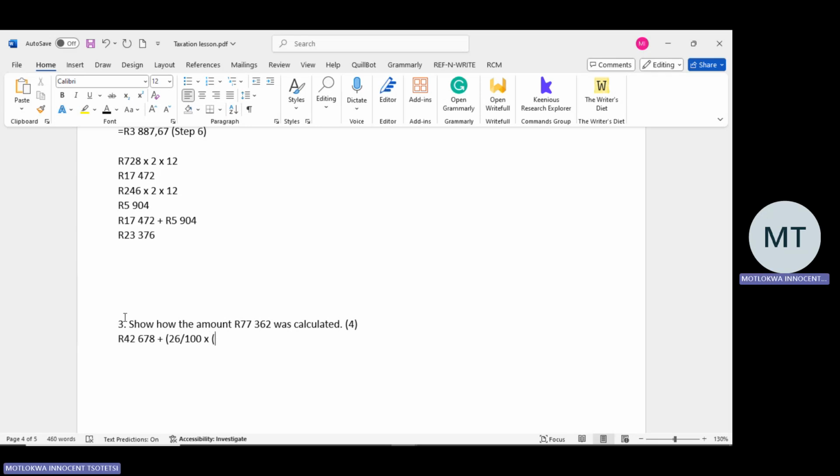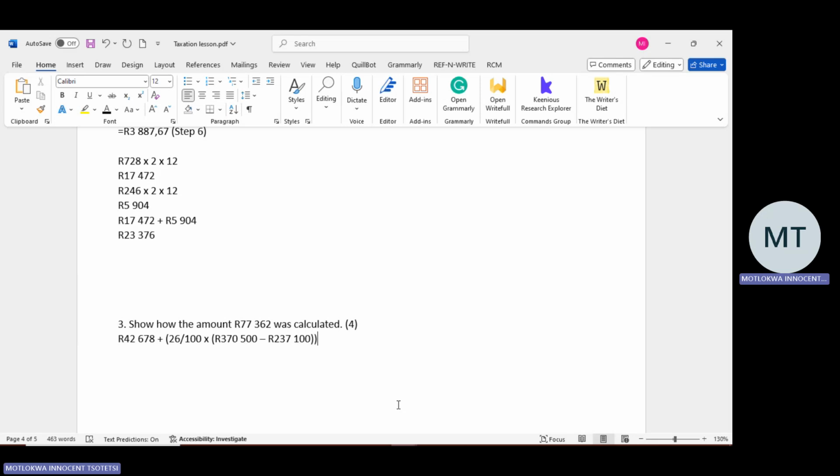Then we are going to take the amount on tax bracket number 3, which is 370,500, minus 237,100.